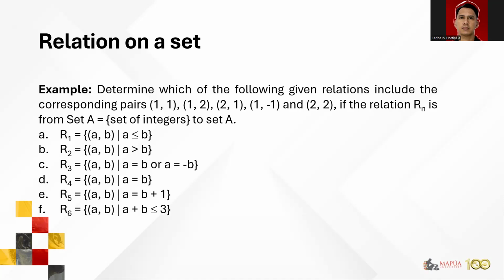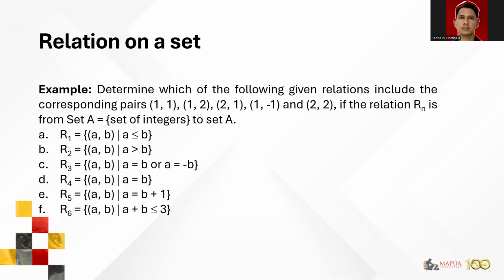And finally, I have a relation referred to as R6, wherein I have a pair of integers A and B, and the property is that A plus B is less than or equal to 3. So from these given relations, R1 to R6, we will then validate which of the corresponding pairs listed here is included in which relation set. For example, 1, 1.